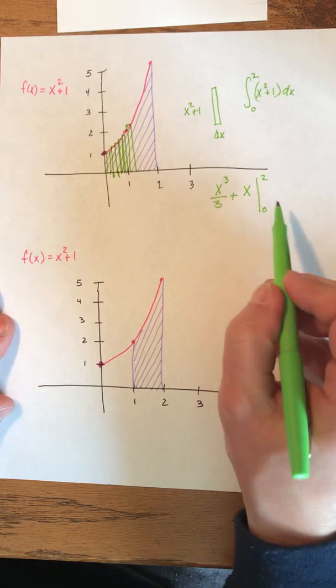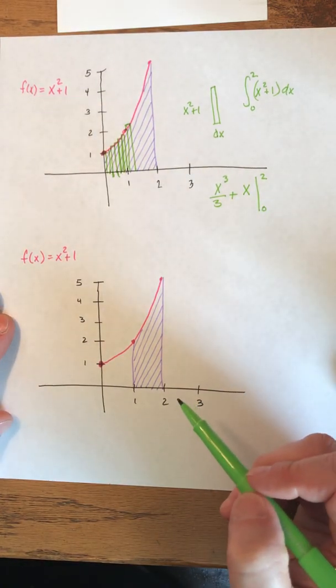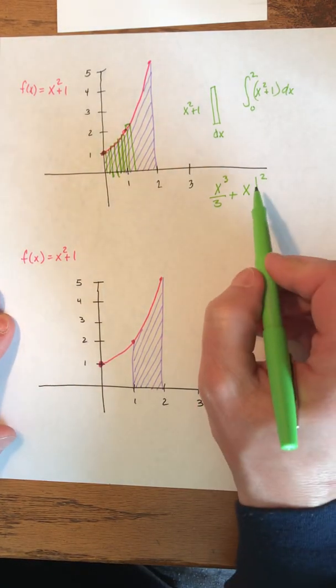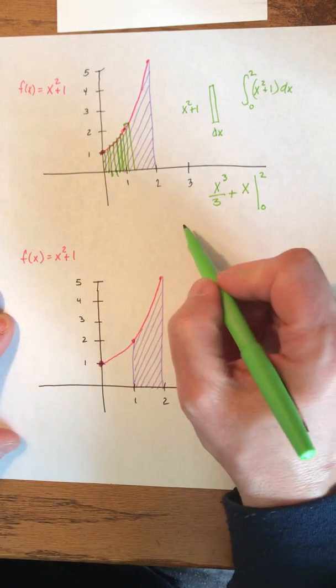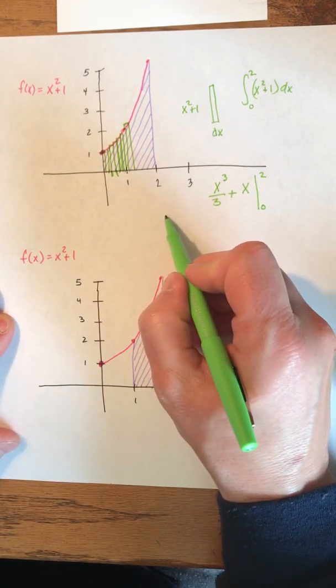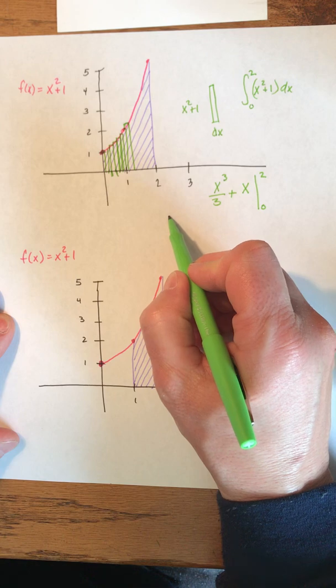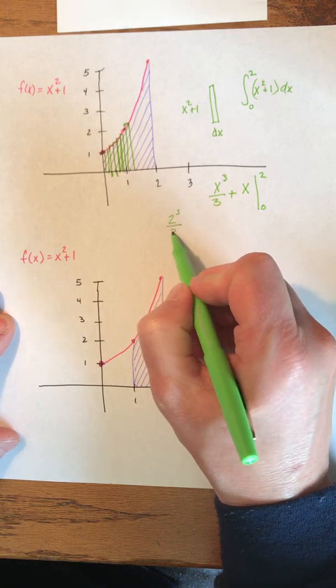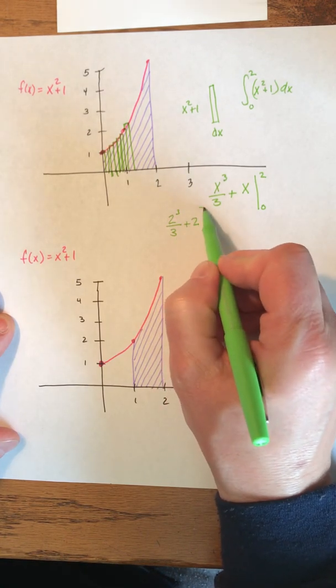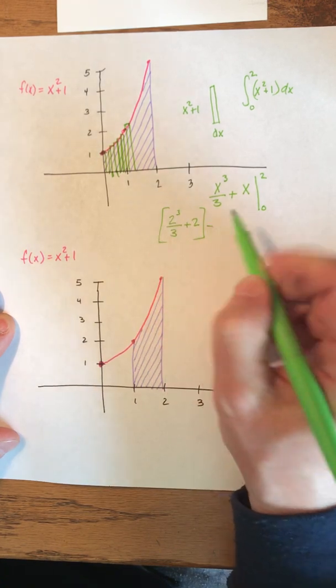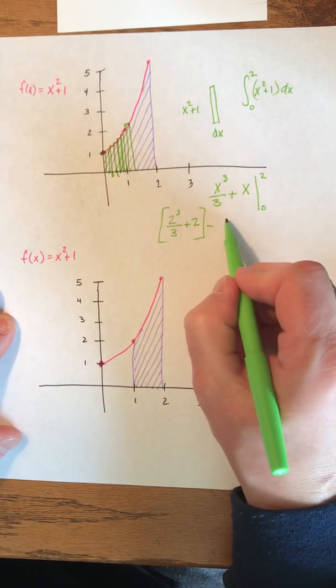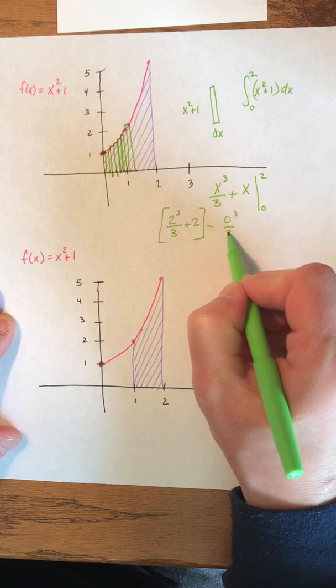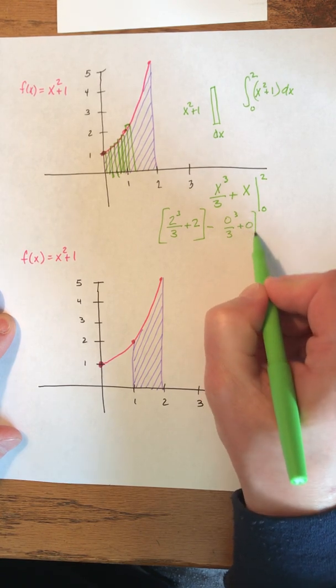We will put a straight line and a 0 to 2 here. Very simply, we put the 2 into our new function, our antiderivative that we just got. And we're going to get 2 to the third over 3 plus 2. And then we're going to subtract, putting the second one in, which is going to be 0 to the third over 3 plus 0.